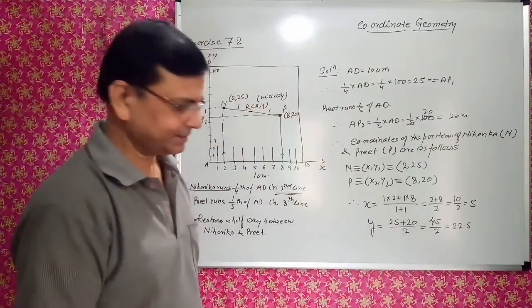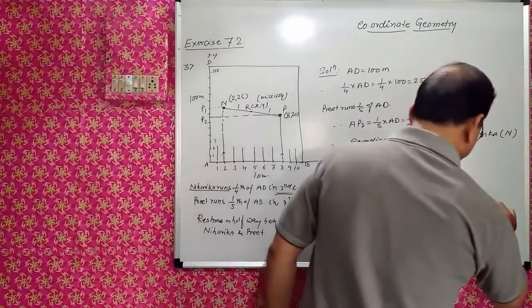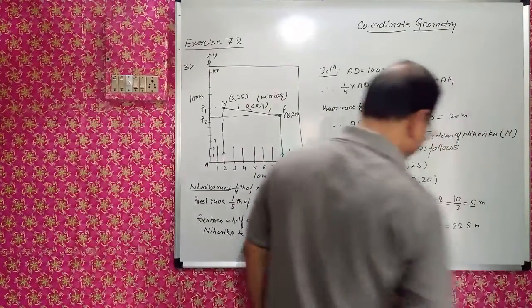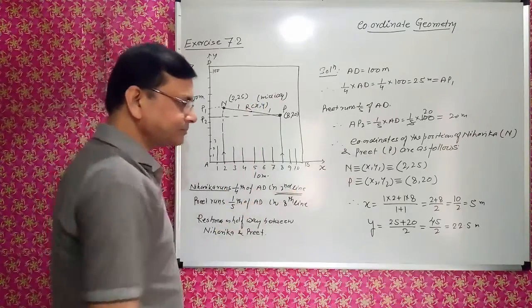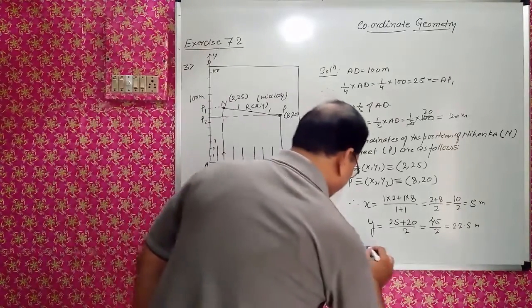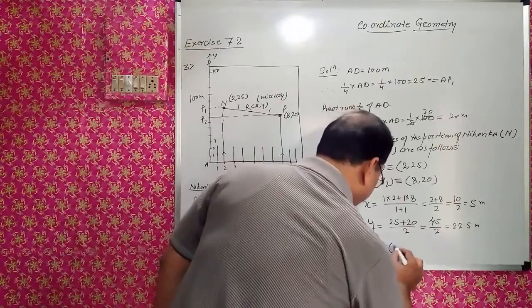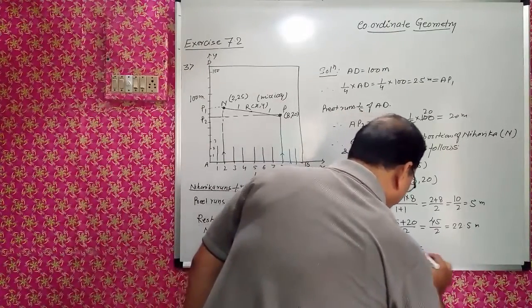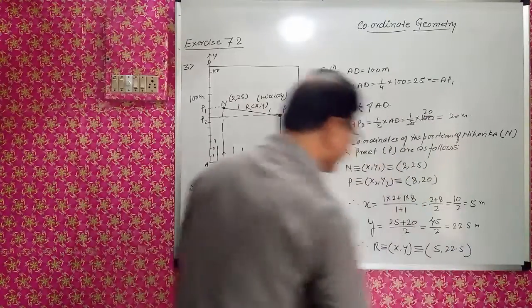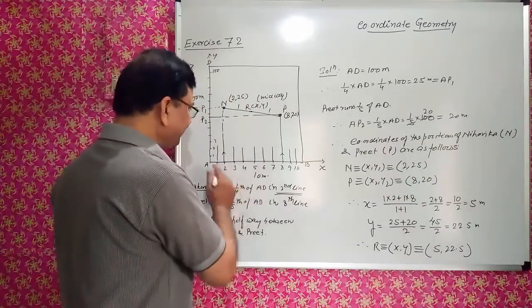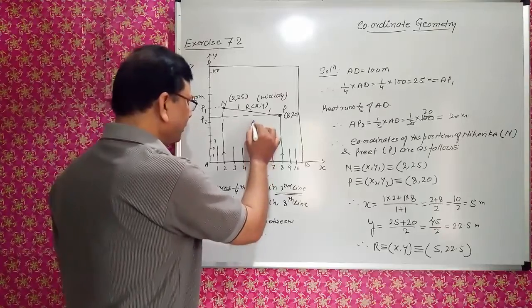22.5 meters. This is x is this much meter and this is this much meter. So coordinate of this point is how much? Therefore R, that is (x, y), is 5 and 22.5. Means x is 5 means on the 5th row.